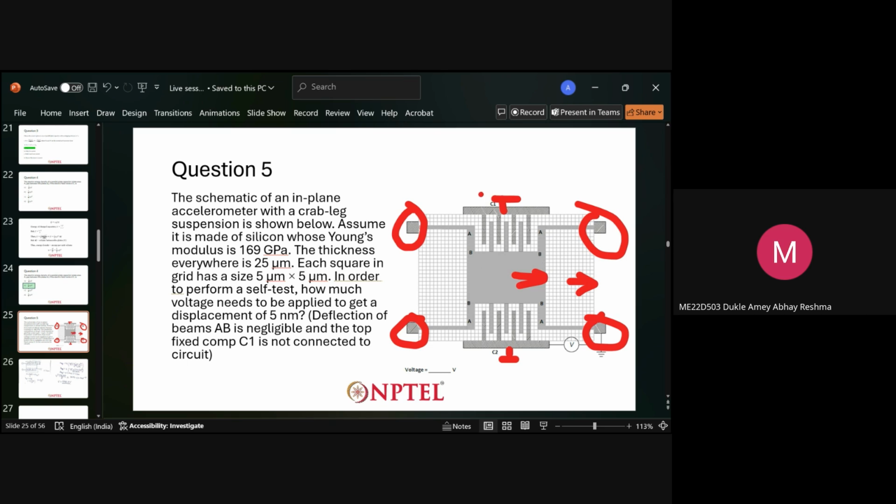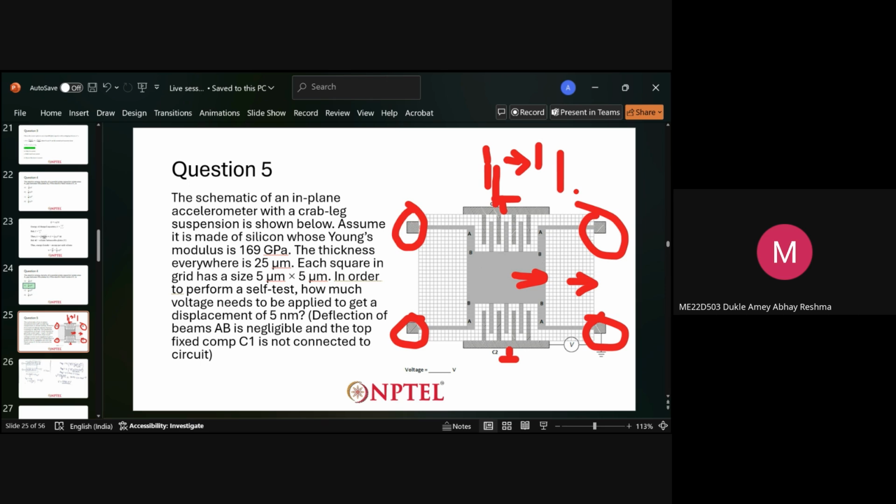So the gap here will increase, and the gap will go on increasing. Since the change in capacitance can be correlated with the acceleration. Now the details are given. So I've explained how the accelerometer is working.